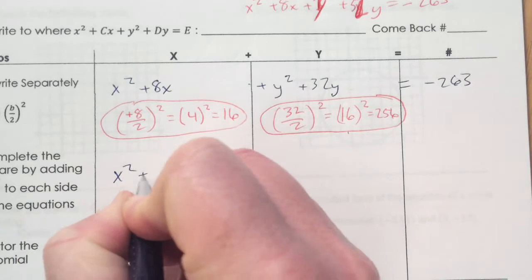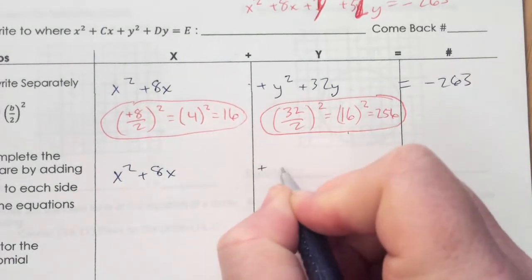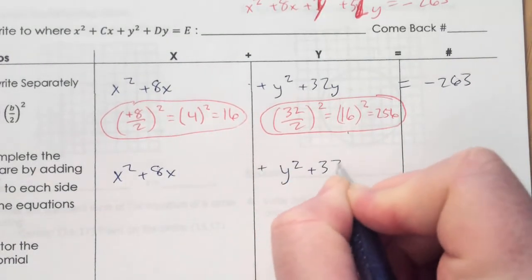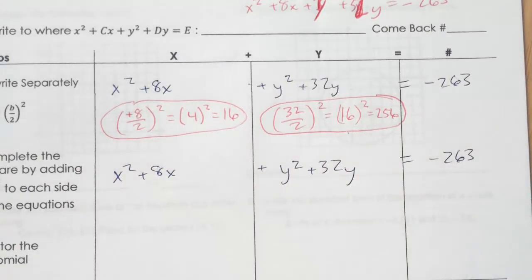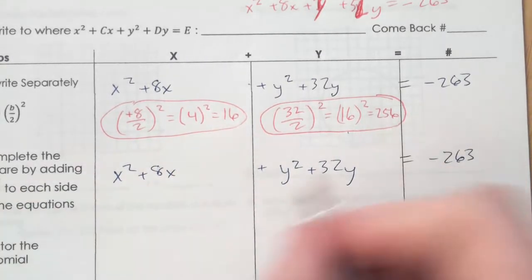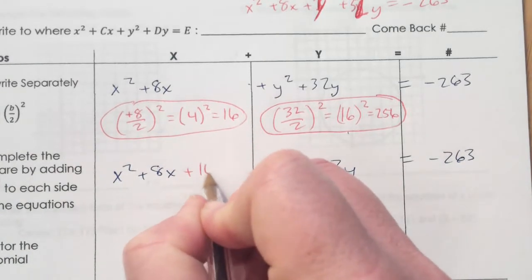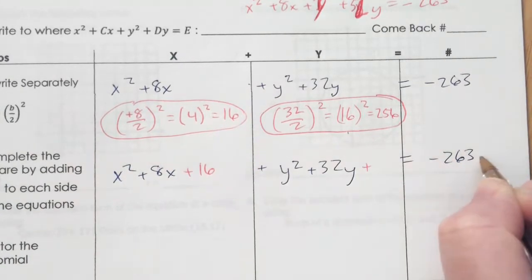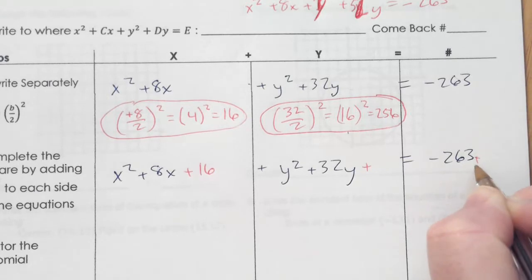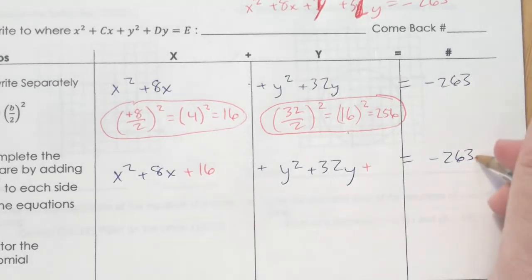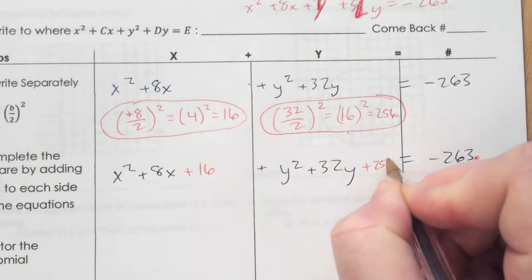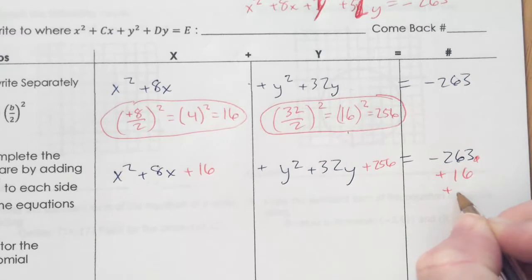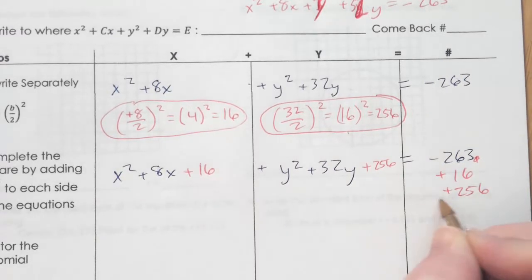So we're just showing more work on what's going on here. I'm writing x squared over again so you can see my thought process step by step. Negative 263. We're putting a plus 16 on both sides here, and we're doing a plus 256. So that's us completing the square so that we can defoil this.